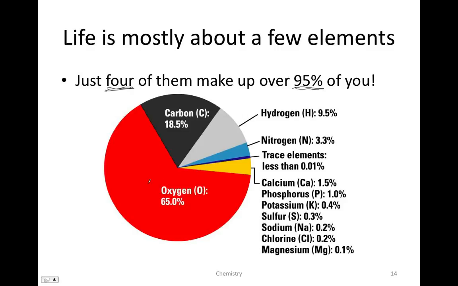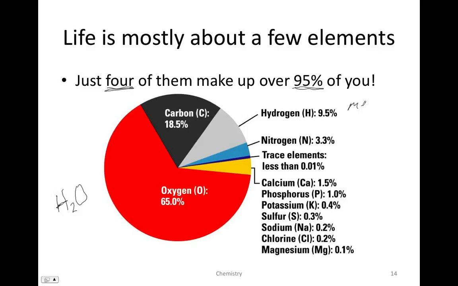The biggest in abundance in us isn't carbon, it's actually oxygen, and that's because we're mostly made of water. And water is made of 2 atoms of hydrogen with 1 atom of oxygen, H2O. You've heard of that before. Well, oxygen is more massive than hydrogen, so even though there are twice as many hydrogens, hydrogen contributes less of our total mass.